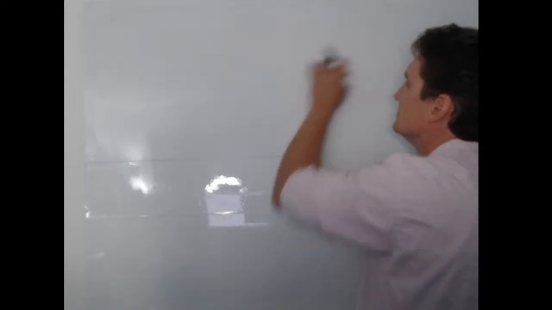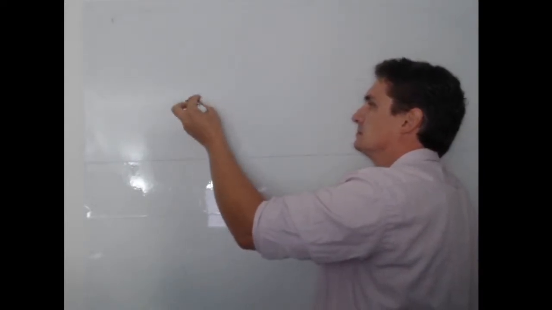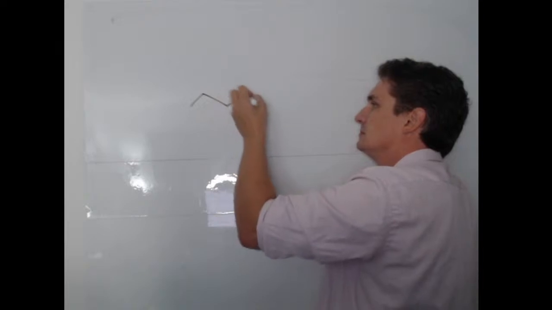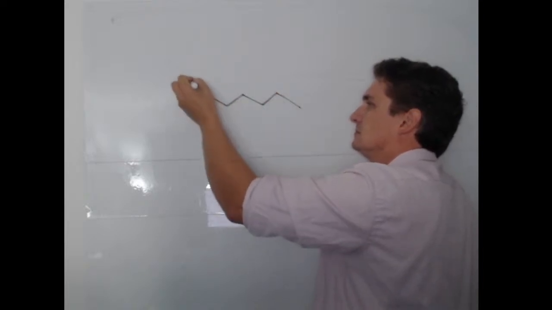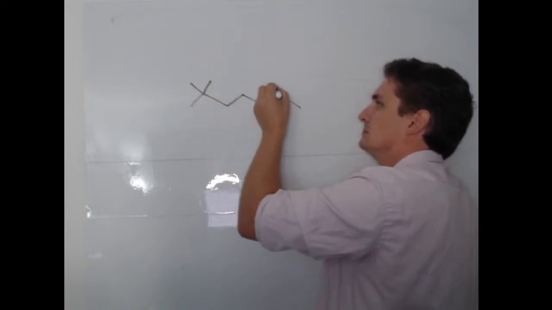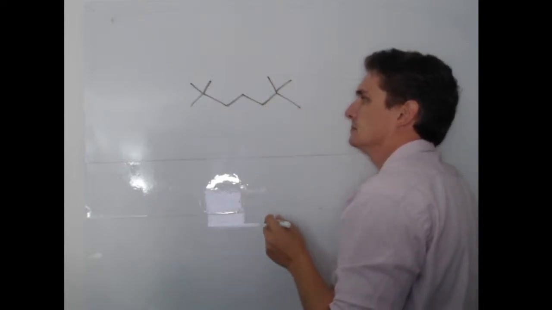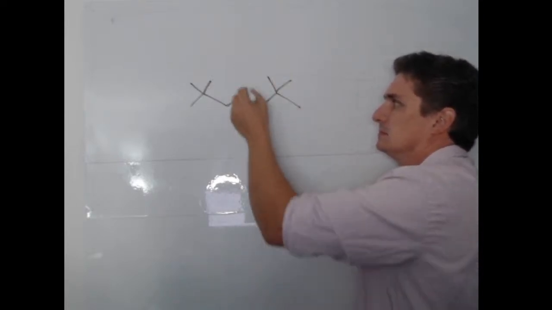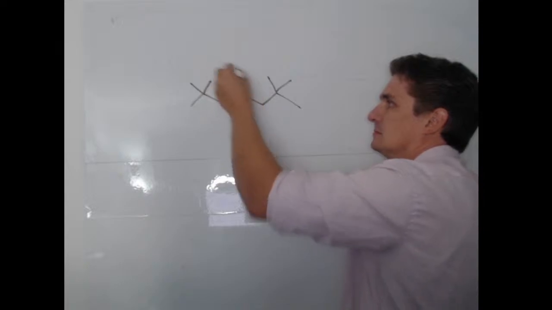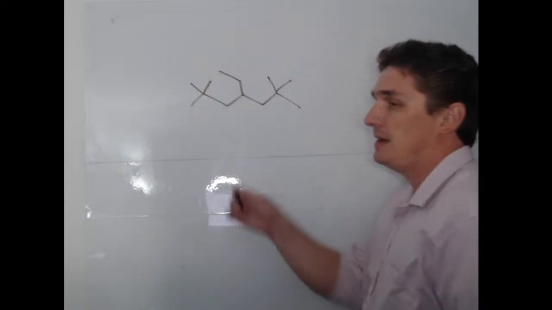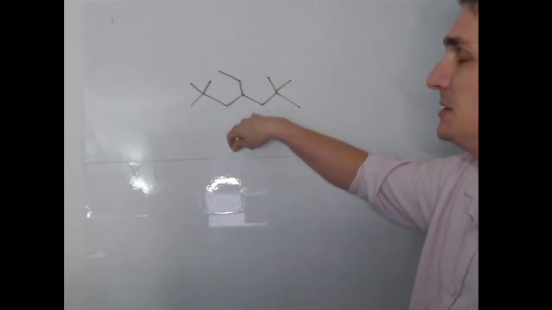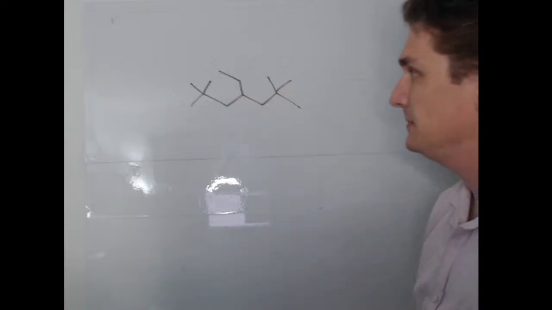A simpler NMR problem. So let's say we have this molecule, and we're going to start enforcing as much symmetry as we can to eliminate chirality.